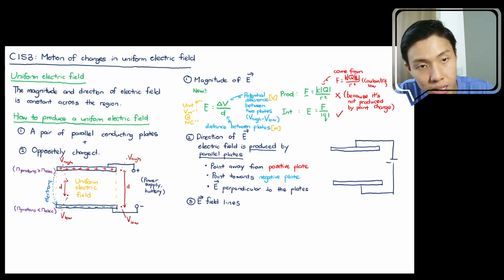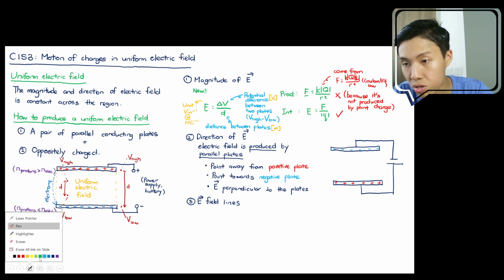So if we connect it like this, then what happens is here it will be the positive plate, whereas the other side, the upper plate, will be the negative plate. So for this kind of situation, let's say you want to find the electric field at three different points.